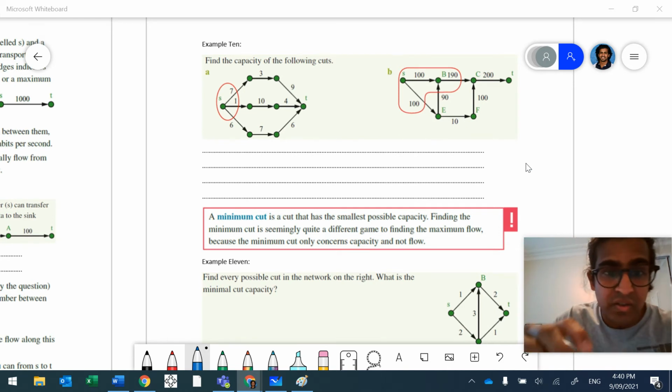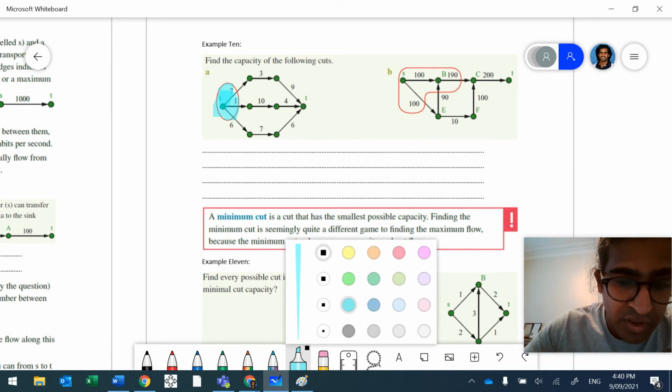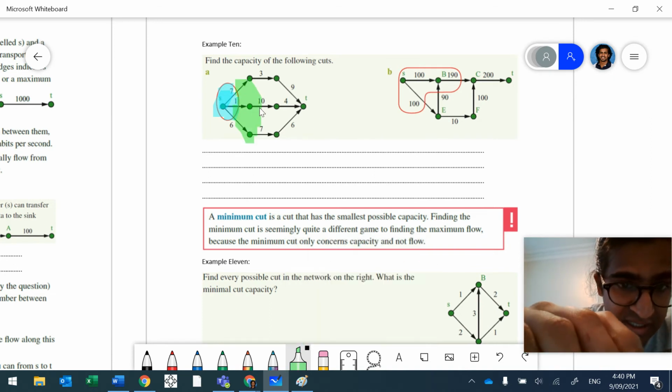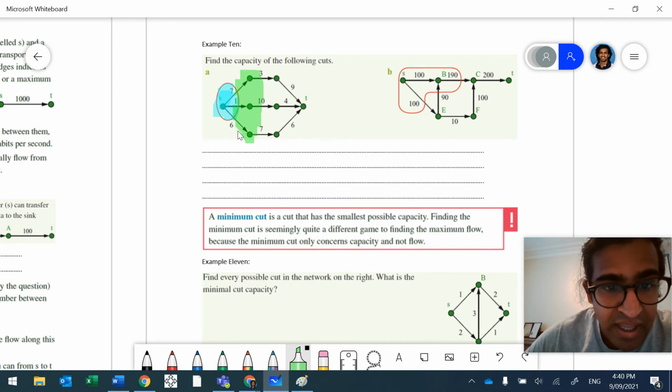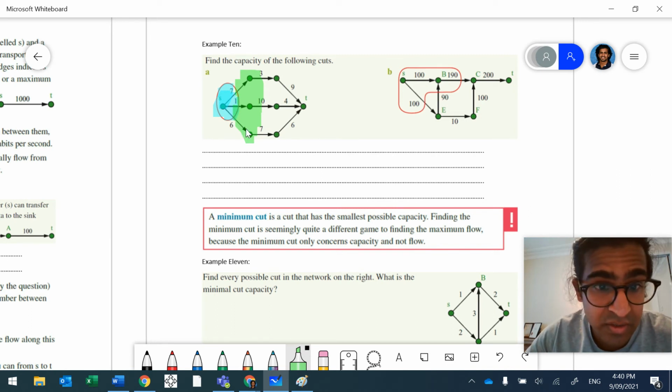So what does that mean? Here, I'll just highlight it. Obviously, we've got the source side and the sink side of that cut. And we are only adding edges to find that cut capacity by adding the edges that go from the source to the sink, from the blue to the green, from the inside of the circle to the outside of the circle.